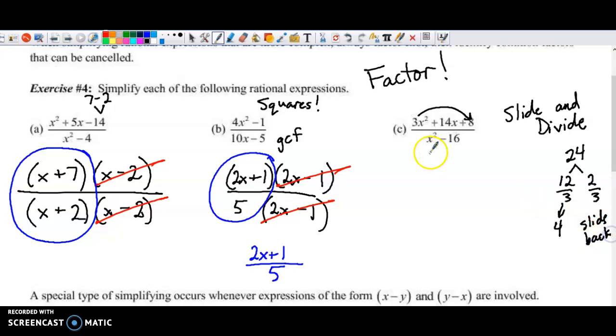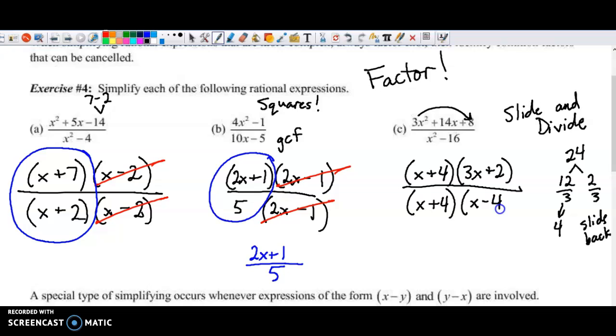What am I talking about there? Is we have x plus 4, the reduced version, but the 2/3 didn't divide, so you have to slide that 3 back, 3x plus 2. Notice the difference of squares on bottom again. x plus 4, x minus 4. And hopefully there's enough in this lesson that you'll pick up on this quickly, and there's your final answer. 3x plus 2, let me write it, over x minus 4.